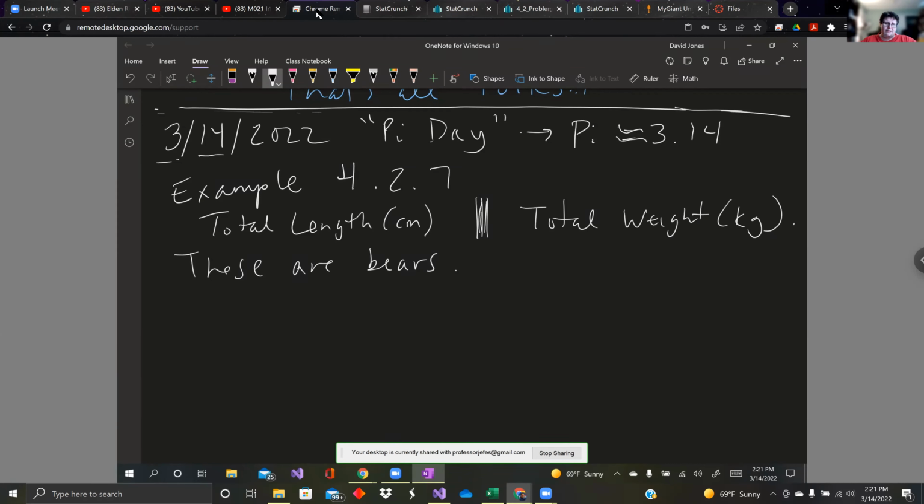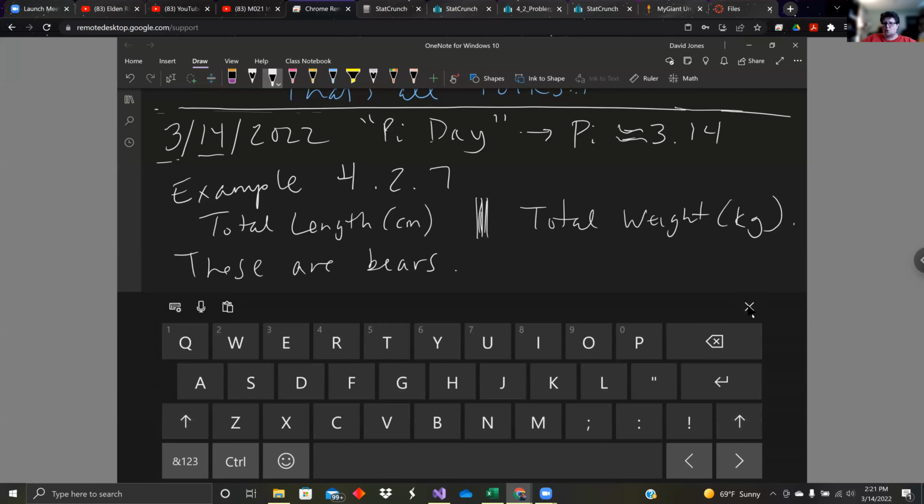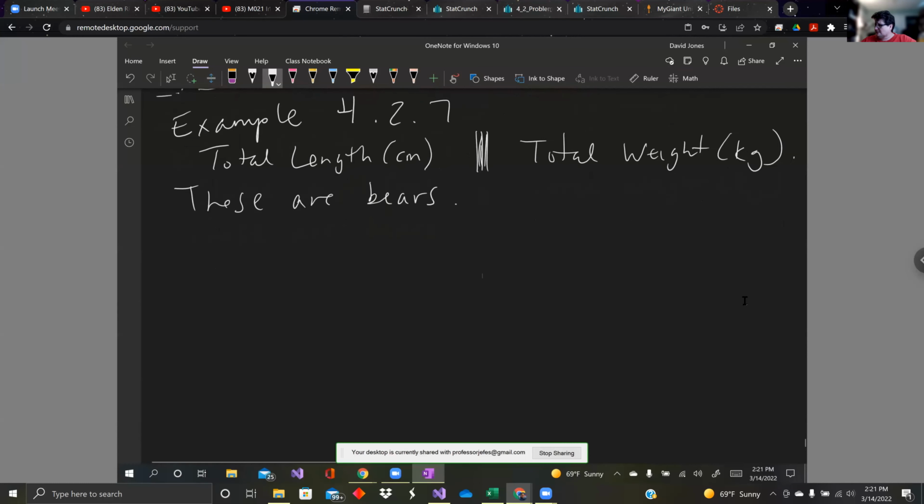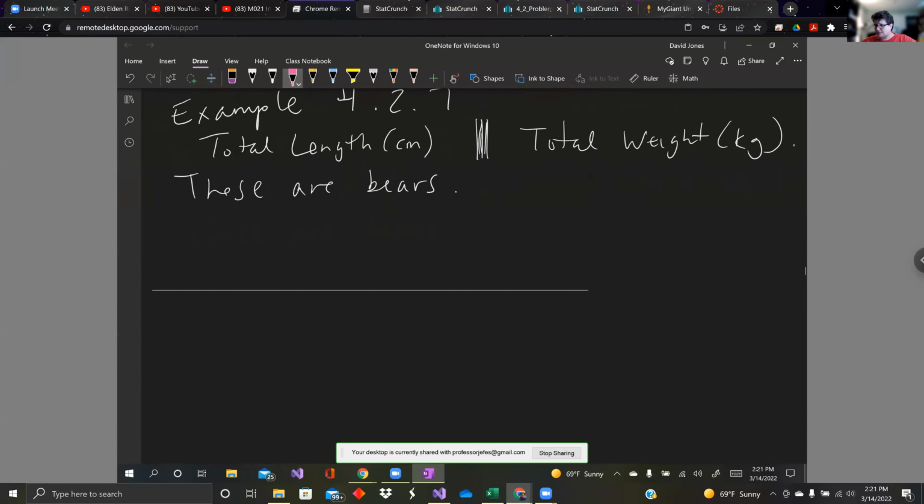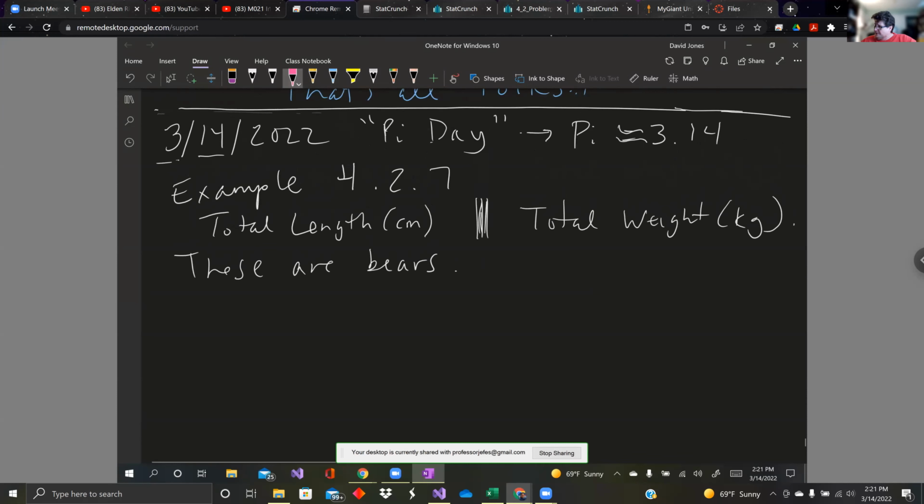They captured a bear or tranquilized it, measured it, weighed it, and released it back. We want to see if there's a correlation. What's going on here? Is there a correlation between length and weight?